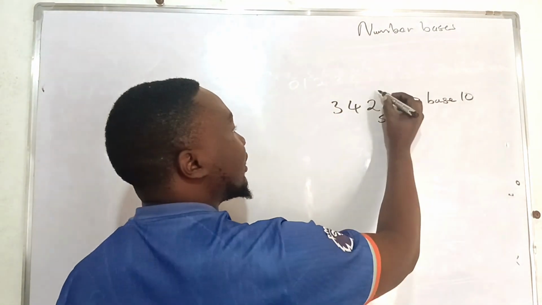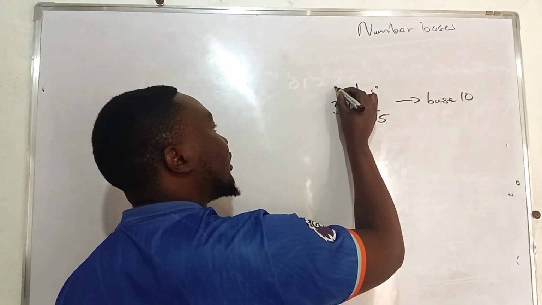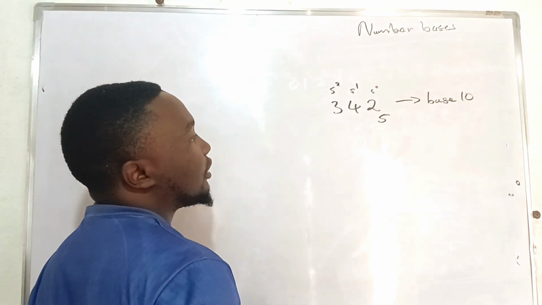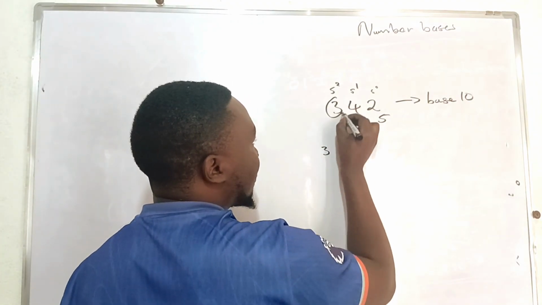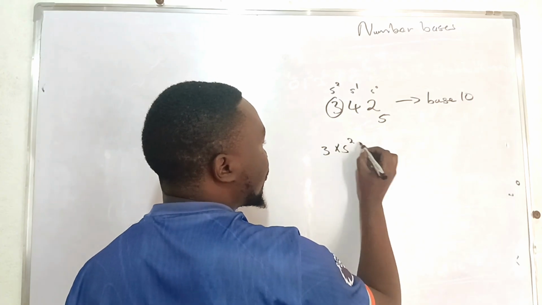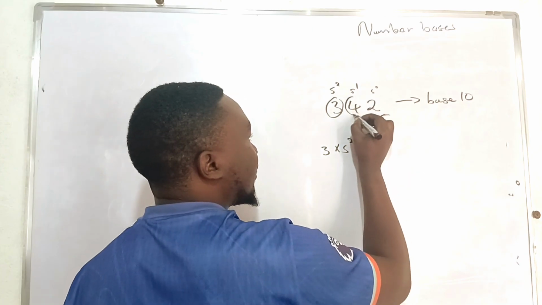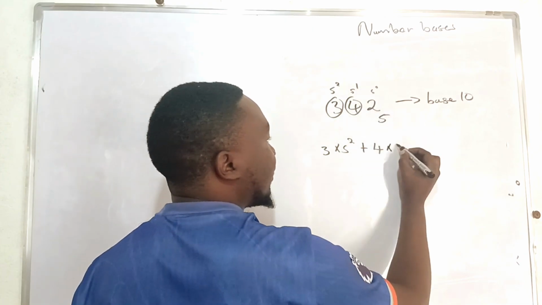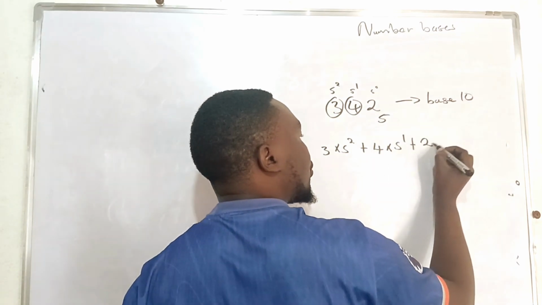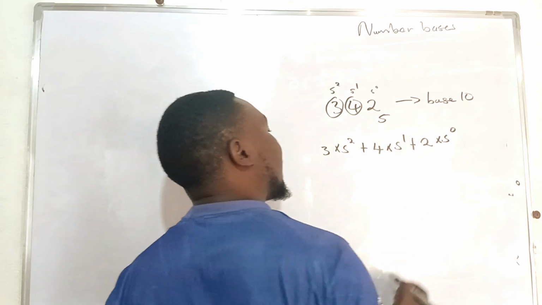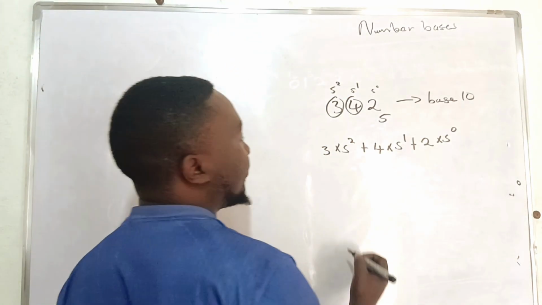So what you do here, you say this is 5 to the power 0, this is 5 to the power 1, this is 5 to the power 2. So to convert to base 10, you say 3 multiplied by 5 to the power 2, plus 4 multiplied by 5 to the power 1, plus 2 multiplied by 5 to the power 0.